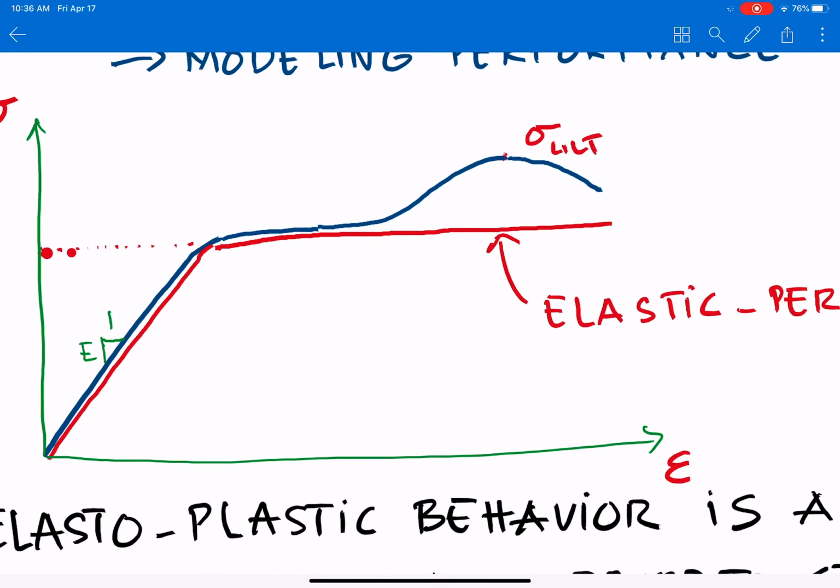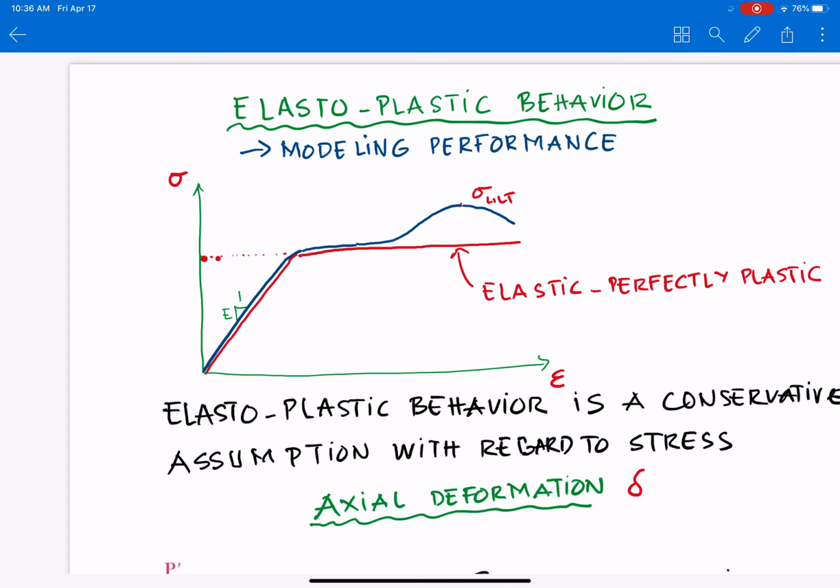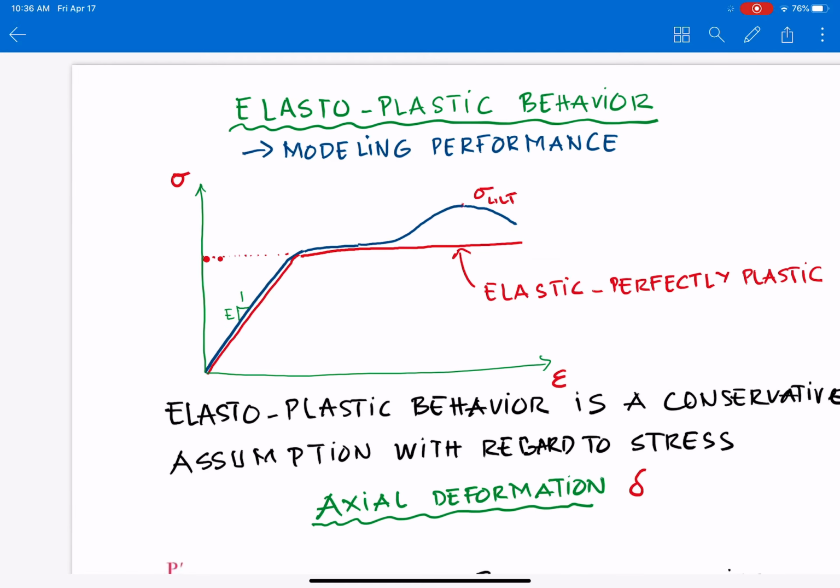We ignore the ultimate stress here for the conservative assumption. So it's a linear elastic portion at the beginning and then horizontal, maintaining the yielding stress for the whole behavior until it ruptures.